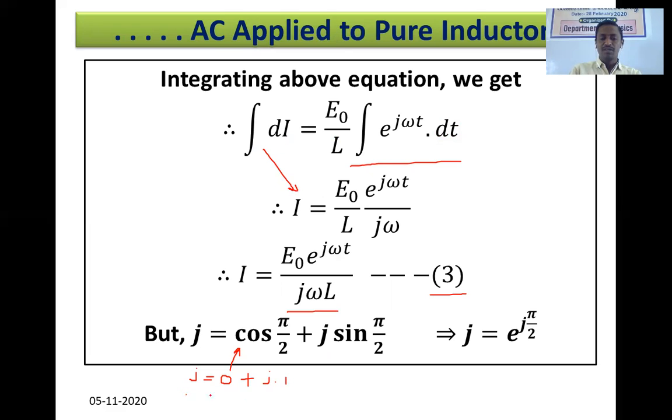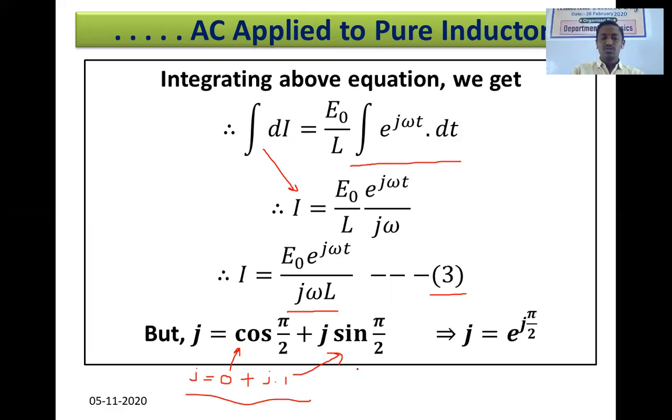So the value of the equation remains the same, and in place of 1, let me put sin pi by 2, because sin pi by 2 equals 1 and cos pi by 2 equals 0. So j can be written as cos pi by 2 plus j sin pi by 2.